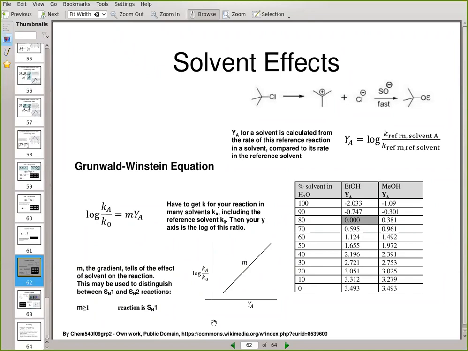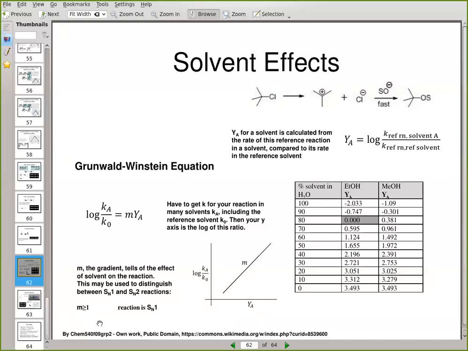What's interesting is that when you're trying to explore SN1, SN2 reactions, for example, the gradient can tell you whether it's SN1 or SN2. If you plot log K over K naught against YA, and your gradient is greater than or equal to 1, you can be assured that your mechanism is an SN1 mechanism, because SN1 will be affected by solvents in that way.